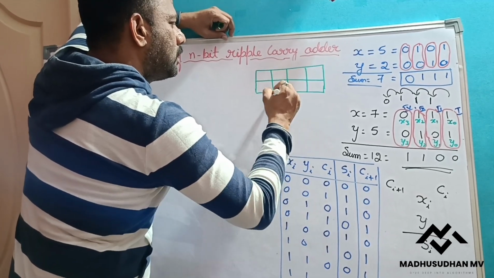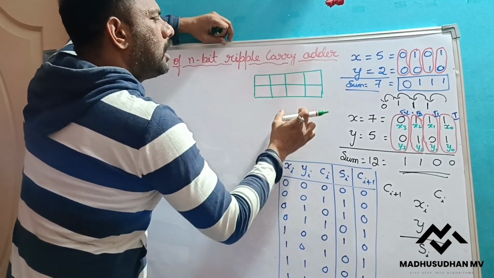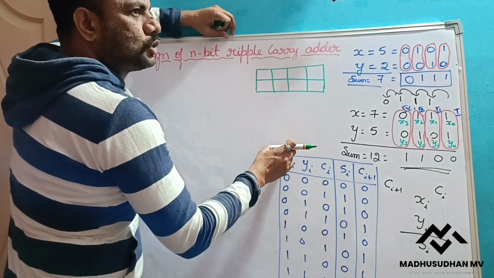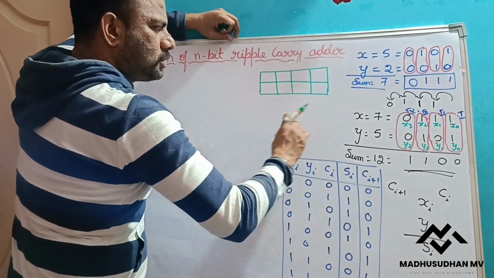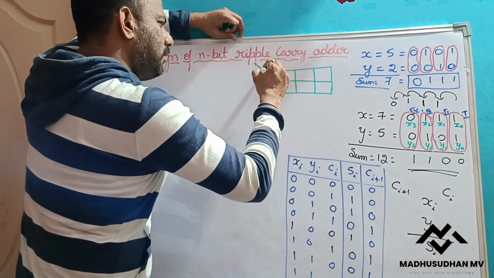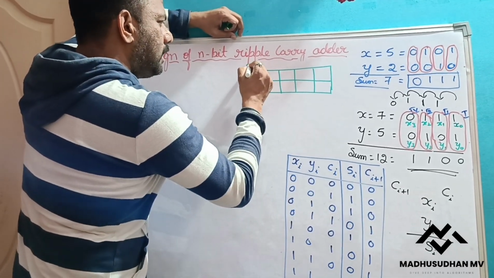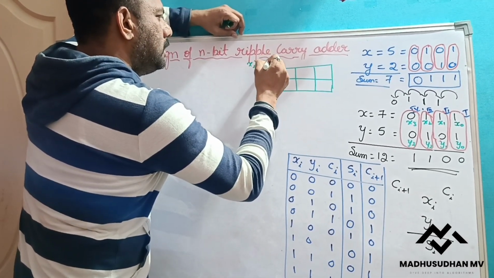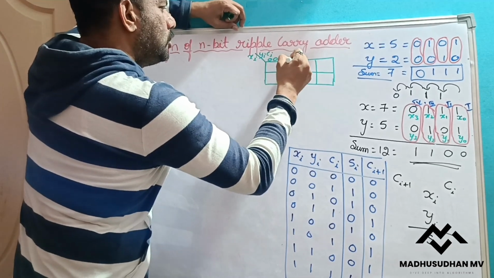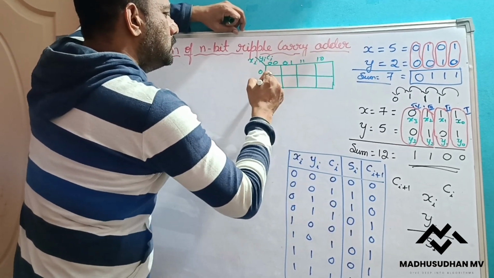So 2 cross 4, that means 2 rows and 4 columns, or you can go 4 cross 2, that means 4 rows and 2 columns. Both will give the same equation. Since my variables are xi, yi, ci, I write xi, yi, ci here, with 0, 0, 0, 1, 1, 1, 1, 0, 0, and 1.